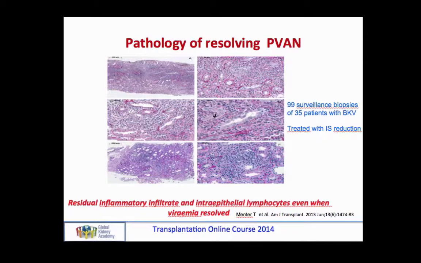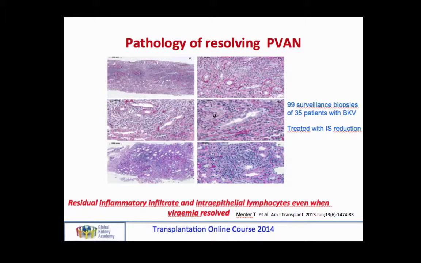And what they found was that even when the viremia resolved, you had ongoing inflammation, and intraepithelial lymphocytes were seen on the biopsy specimens, even when the viremia had resolved.